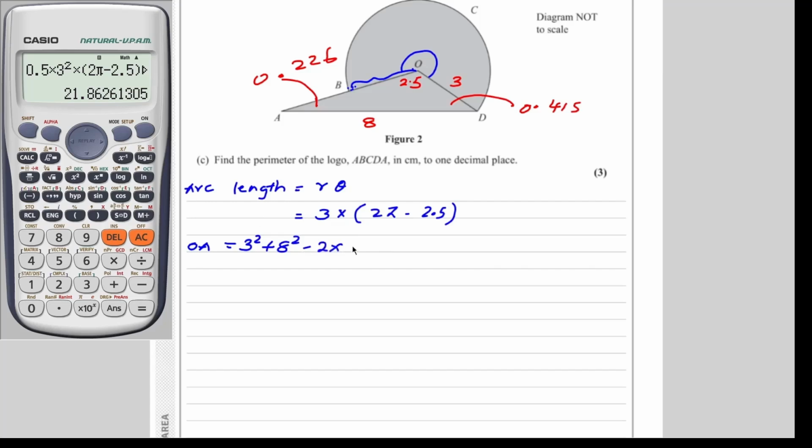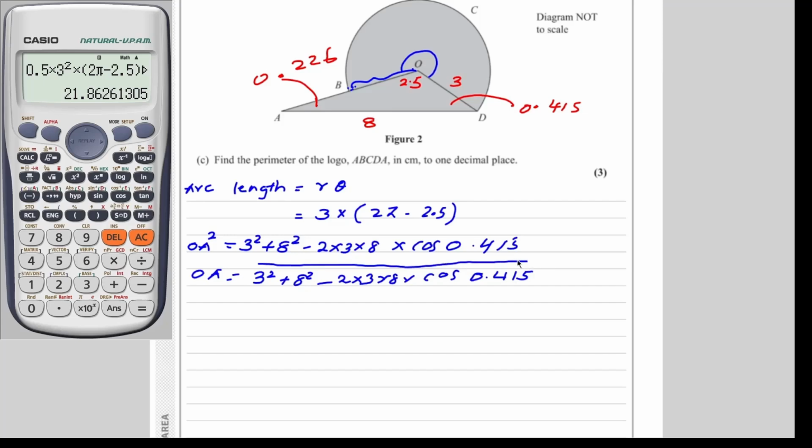To get OA, I need to get the root of this whole thing.